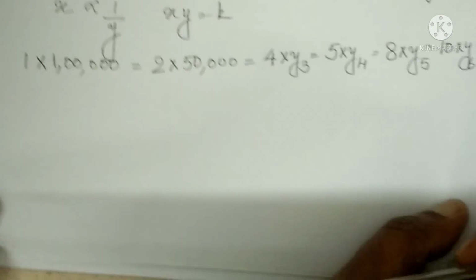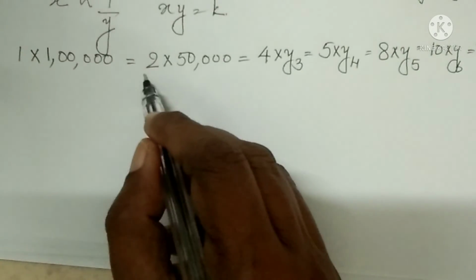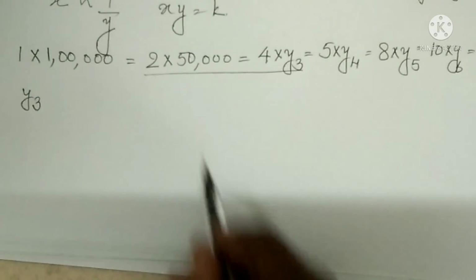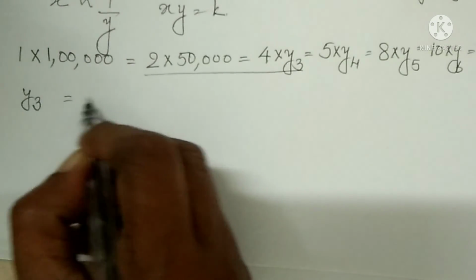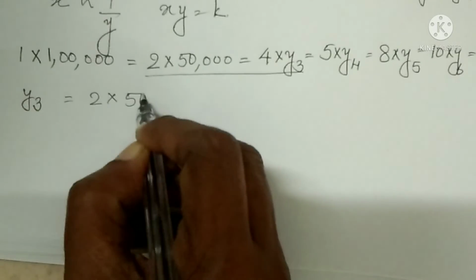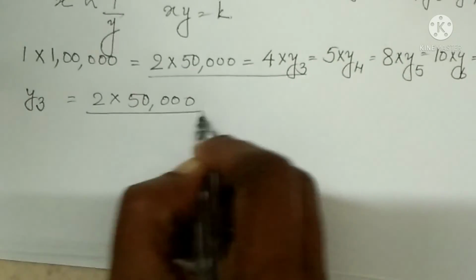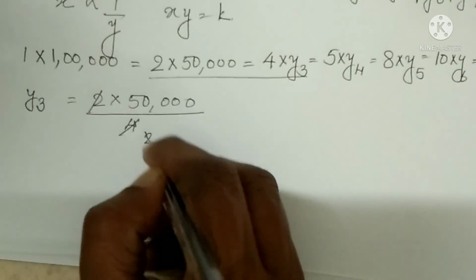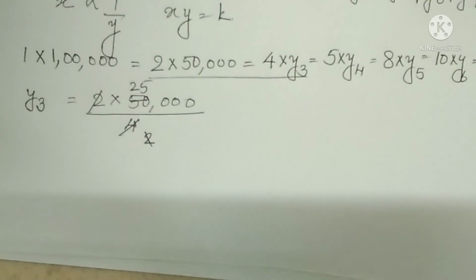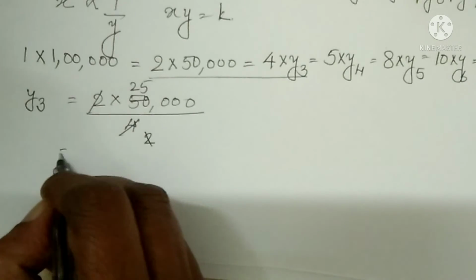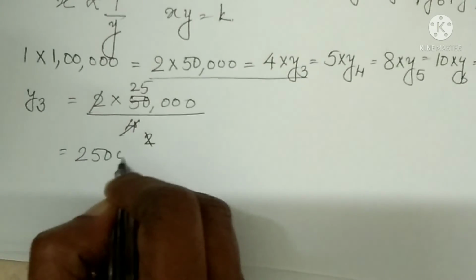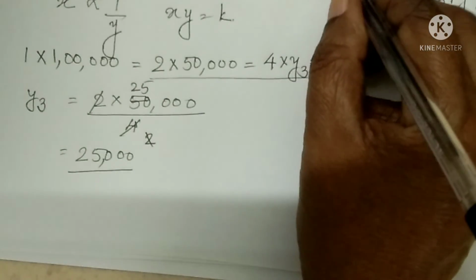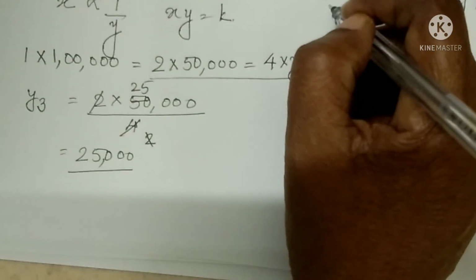Now we have to find out each value of Y. Now if you take this 2, see Y3 is equal to, what will you get? 2 into 50,000 divided by 4. So 2 2s are 4 and 2 25s are 50, so Y3 will be equal to 25,000. So 4 people, 25,000.